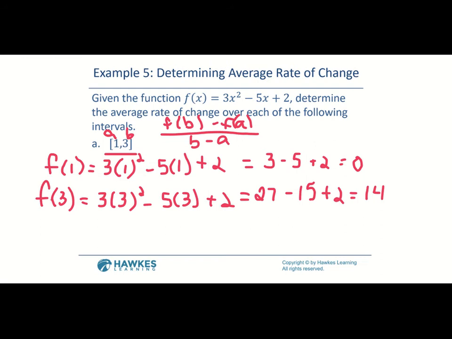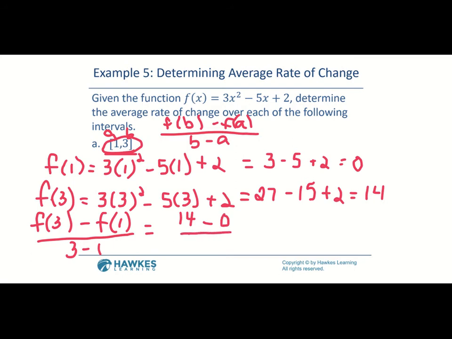So we'll be doing f of 3 minus f of 1 over 3 minus 1, and the A and the B are coming from this ordered pair. So f of 3 we know is 14, so we have 14 minus 0 over 3 minus 1. That would give me 14 divided by 2, and my average rate of change here would be 7.